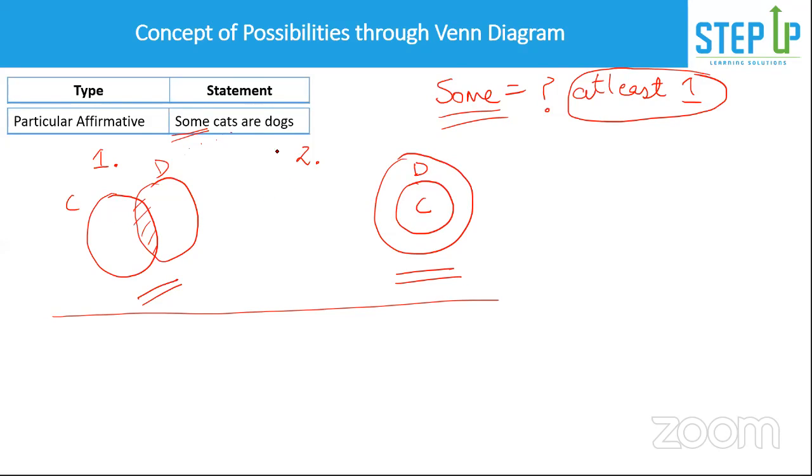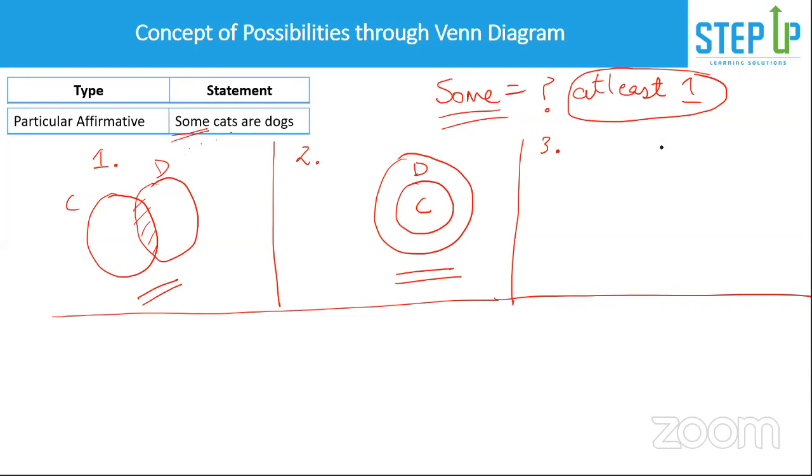Two possibilities we have already got. Draw the third one if there is a third one, or a fourth one if there is a fourth one. How else can we draw this? Very good. Somebody is saying C equals D. Excellent.